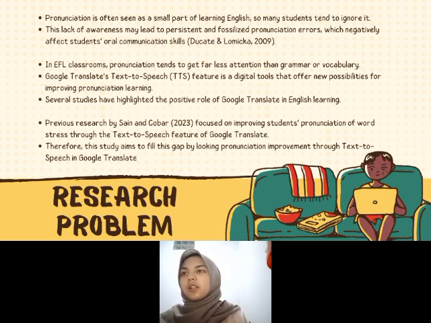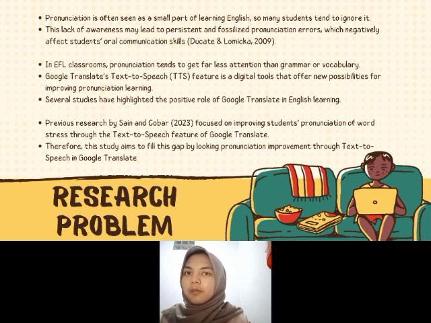Also, several studies have highlighted the positive role of Google Translate in learning English. According to Alhaysony in 2017, EFL students generally have a positive attitude towards the use of Google Translate as a learning tool.